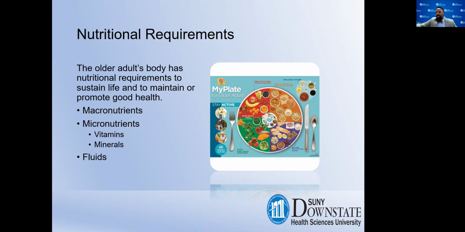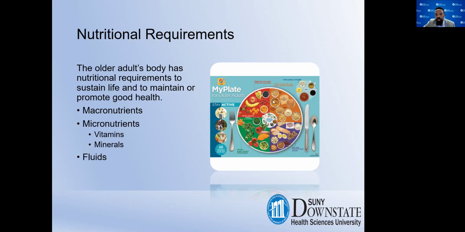It usually falls in the category of macronutrients, such as carbohydrates and fats, or micronutrients, which include vitamins and minerals. And then there's fluids, water in particular. So our nutritional requirements fall into three main categories: macronutrients, micronutrients, and fluids.